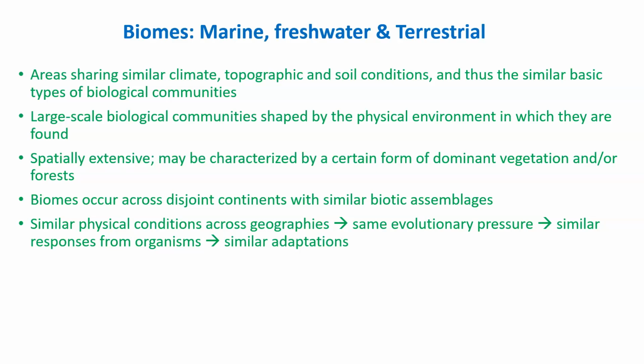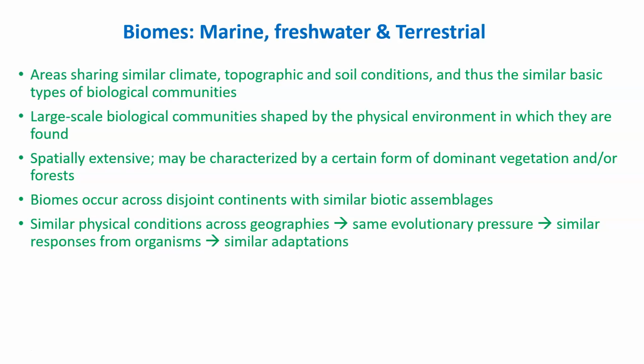And because these physical characteristics are similar within a biome, the evolutionary pressure exerted by the biome onto the biological community is going to be the same within a particular biome. And as such, the evolutionary response elicited by the organisms is also going to be similar within a given biome.